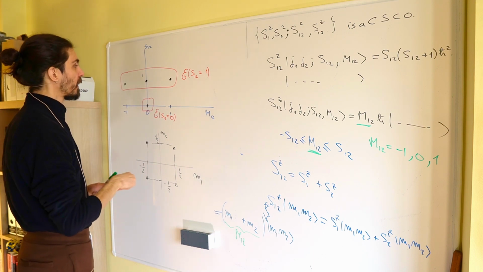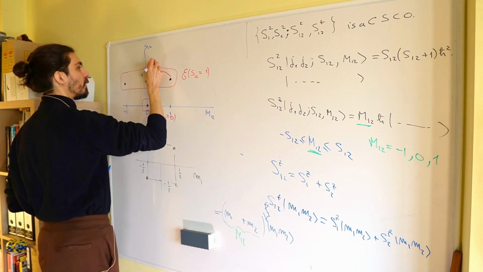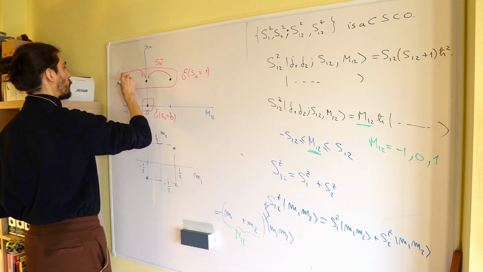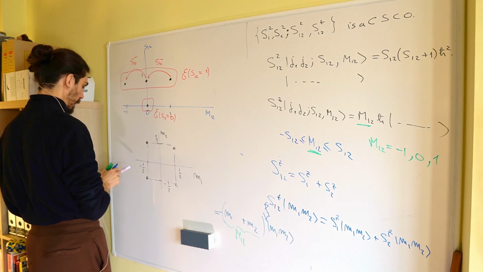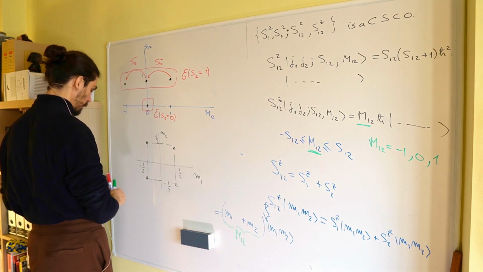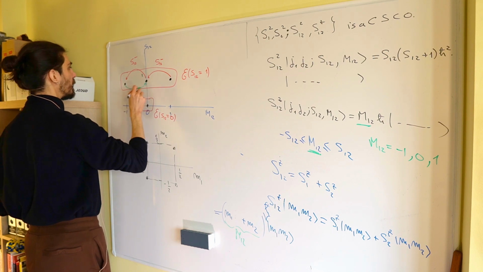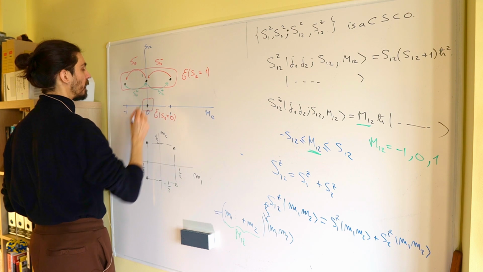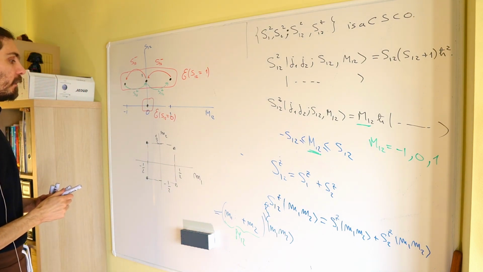Moreover, the ladder operators allow us, let's call it S12 minus, to map between these two states. And we can also have S12 plus, the ladder operators, if you remember from the previous lecture.